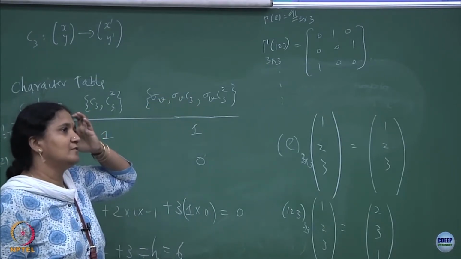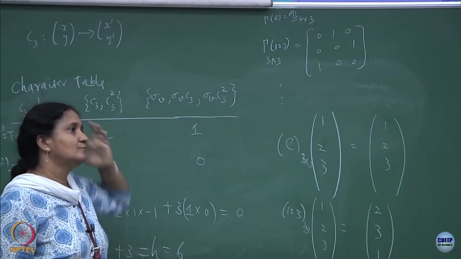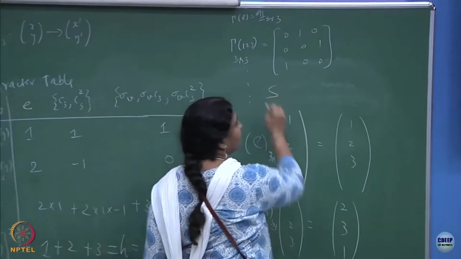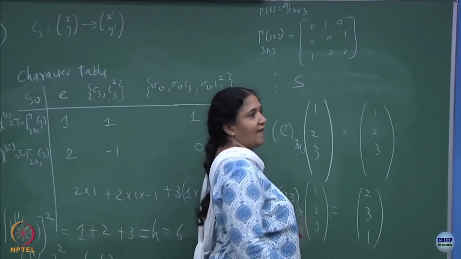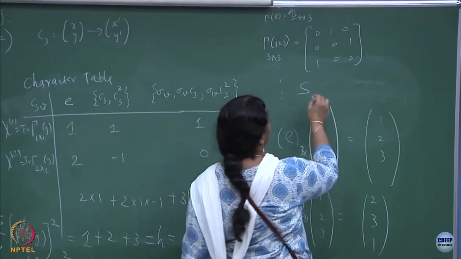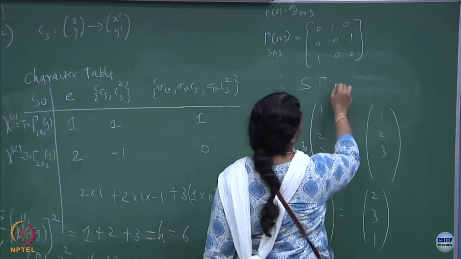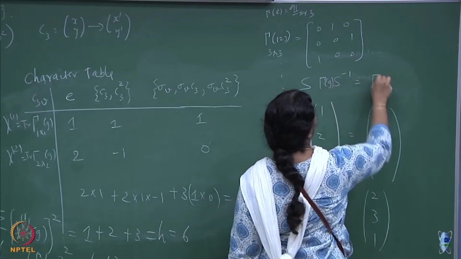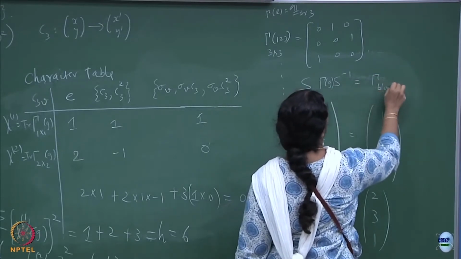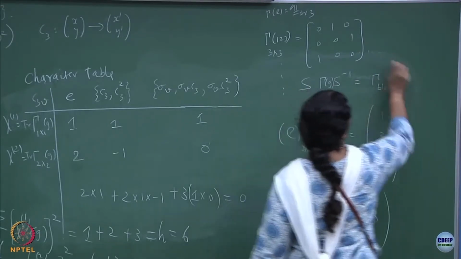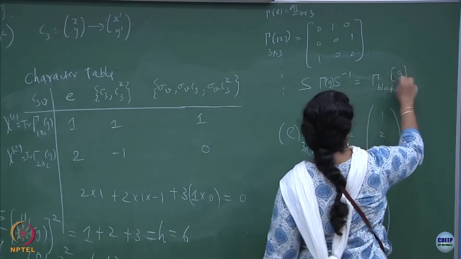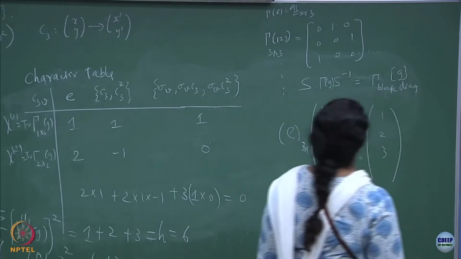How will you figure this out? Okay. So, I am saying that you can find an S, which will diagonalize this into some block diagonal form. I am not saying what it is. You can find some S which does this.